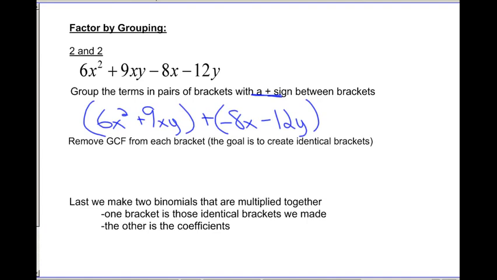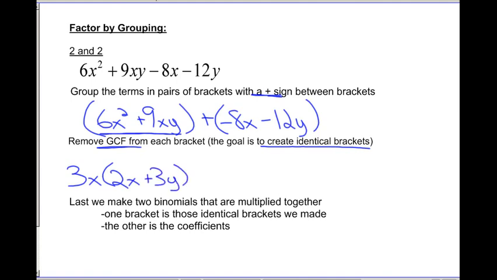What that allows me to do is take out a GCF, or greatest common factor, from each bracket. And what we want to do here is create identical brackets. So in this first bracket up here, 6x squared plus 9xy, I can take out a greatest common factor of 3x. That leaves me with 2x plus 3y.